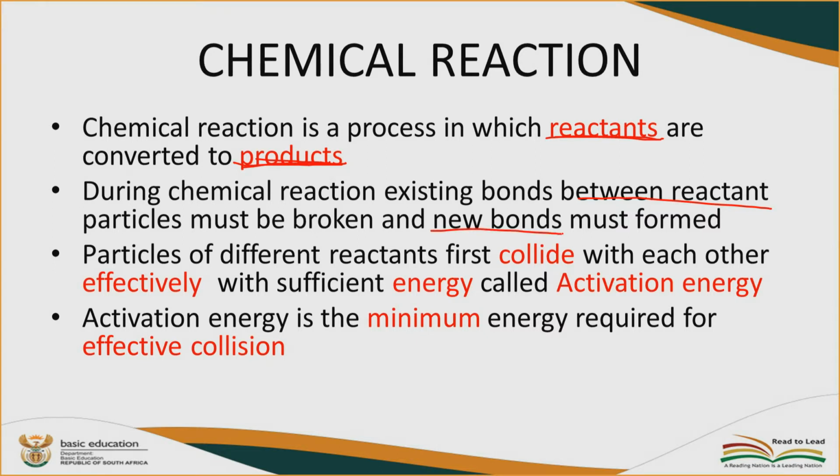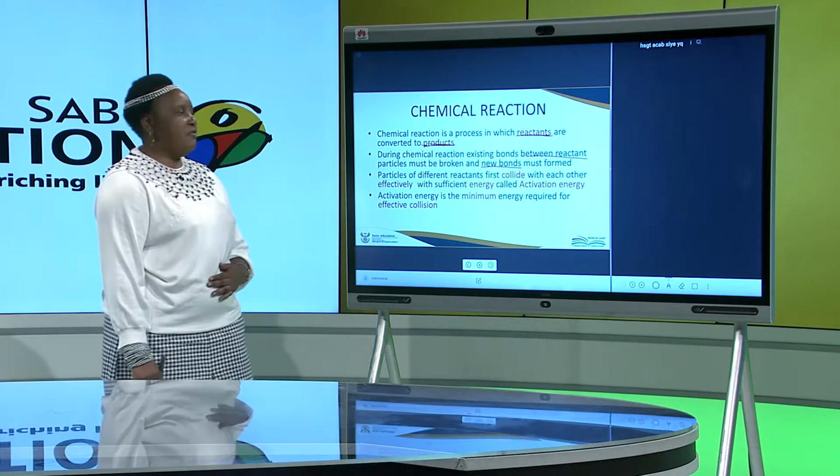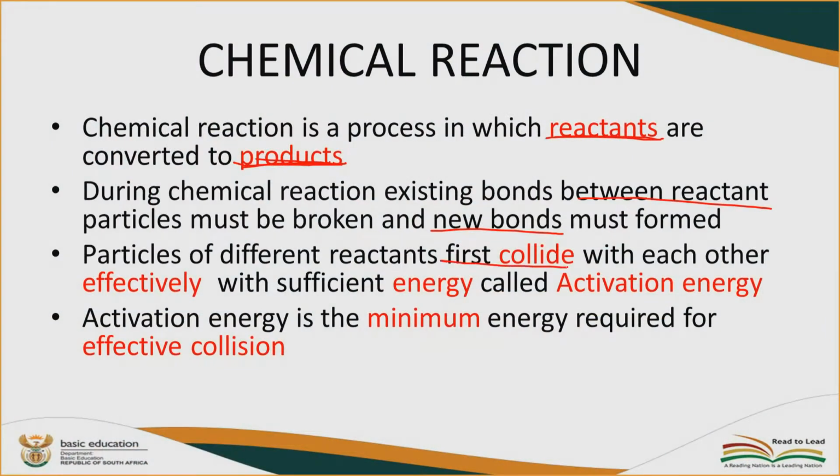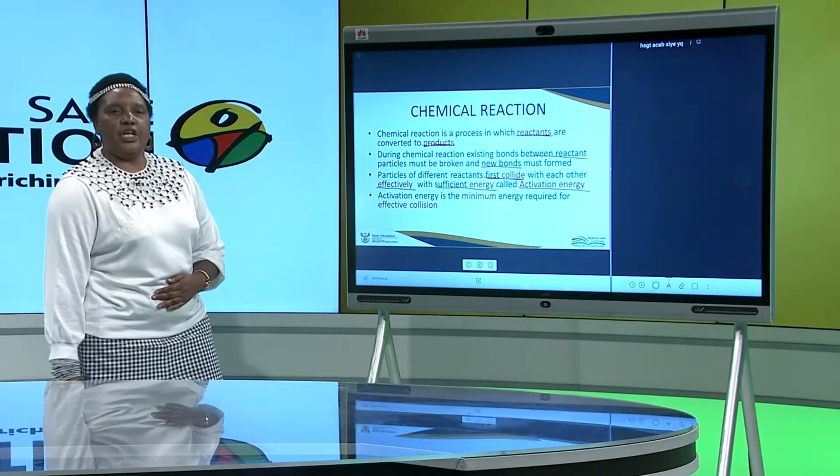But what makes these bonds break? In order for the bonds to be broken, the particles must first collide. What does that mean? It means the particles must move in order for them to collide. And when they collide, they must collide effectively. And after they've collided effectively, they also need to possess sufficient energy. And this energy, in grade 11, you regard as activation energy. What is activation energy?